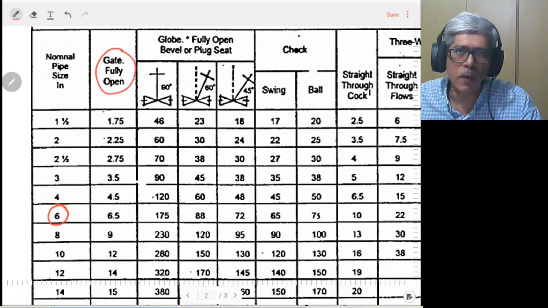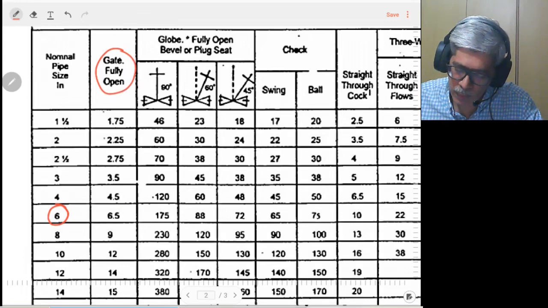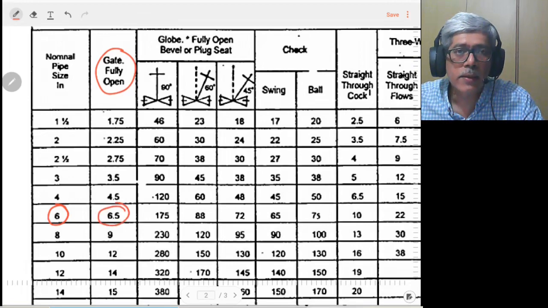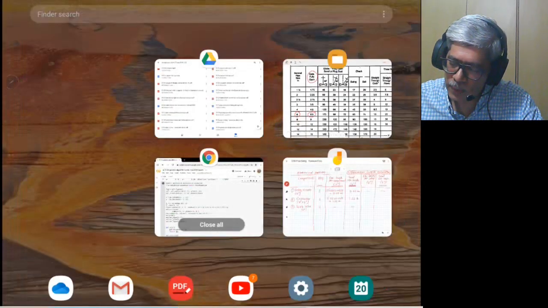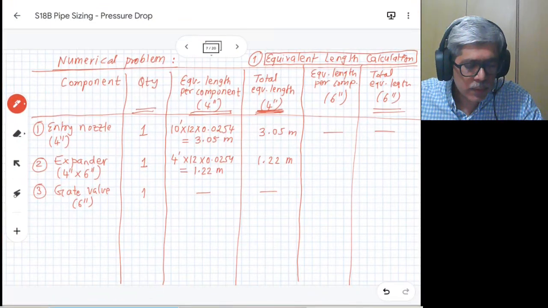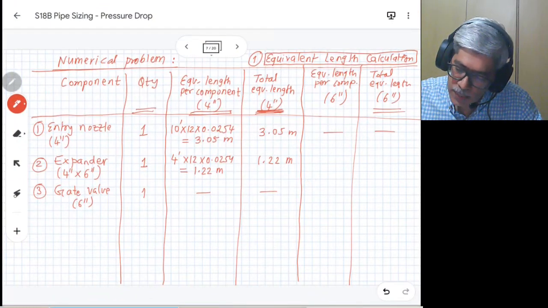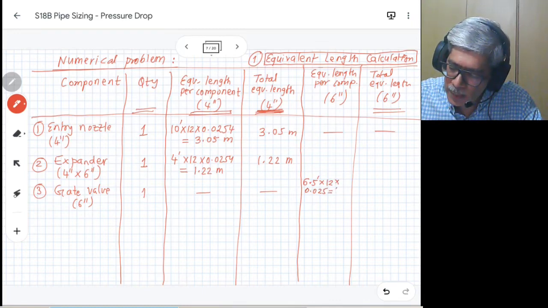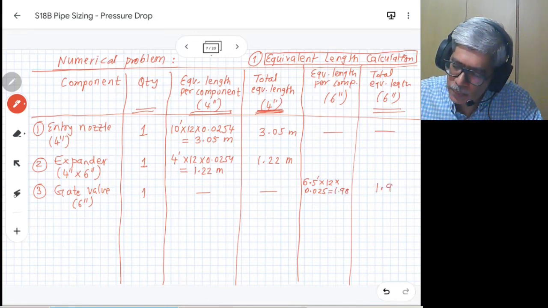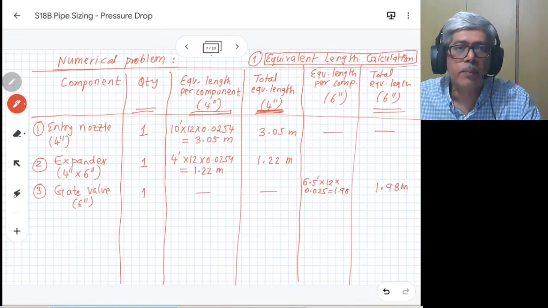Gate valves are either on or off, so we have to consider them on. So the equivalent length is 6.5 feet. This we have to enter into our table. So this becomes 6.5 feet multiplied by 12 multiplied by 0.0254. That gives us 1.98 meters. So this becomes 1.98 meters.